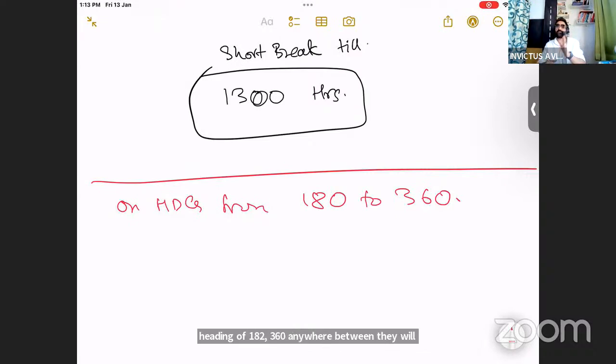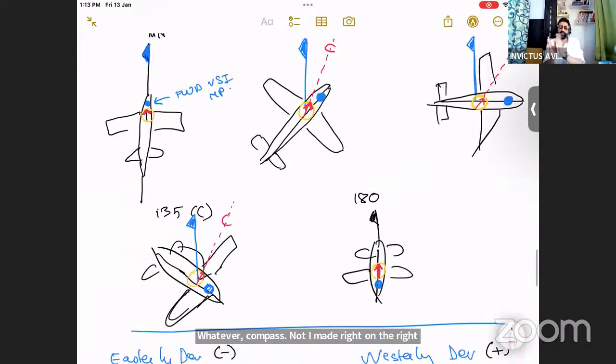The compass north will be west. So whatever compass north I made on the right compared to magnetic north in these diagrams, it will change. If you can manage to revise and study them very carefully, or understand right now, then you will get 10 on 10 on these points. If there is a test anywhere in magnetism, deviation, variation, there is no room for error.